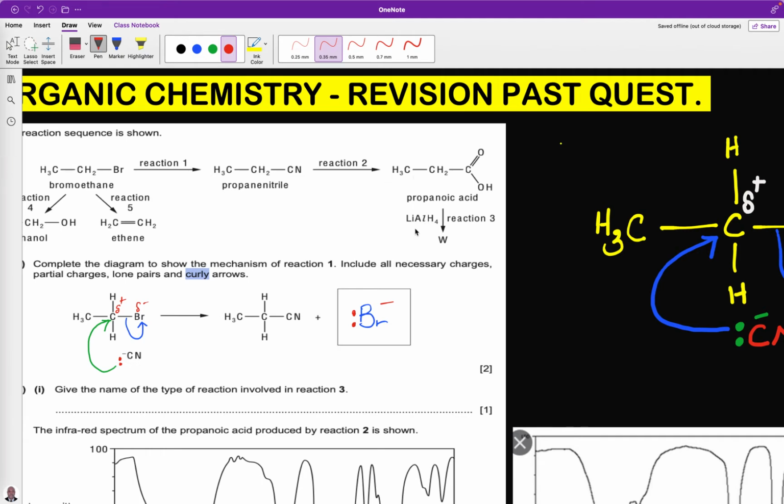Lithium tetrahydroaluminate or sodium tetrahydroborate. These are reducing agents. They use this for reduction reactions.